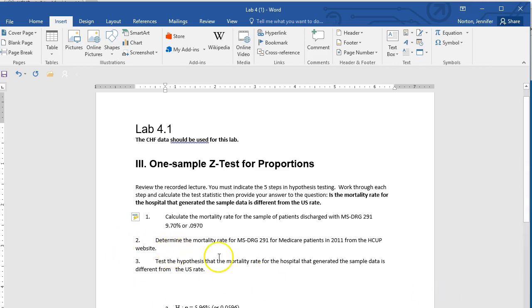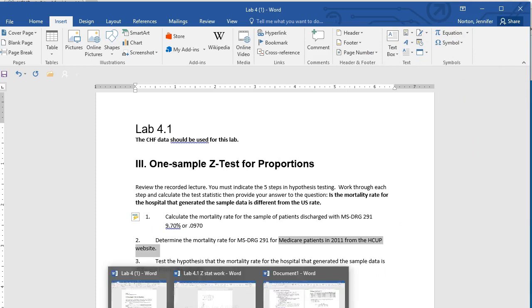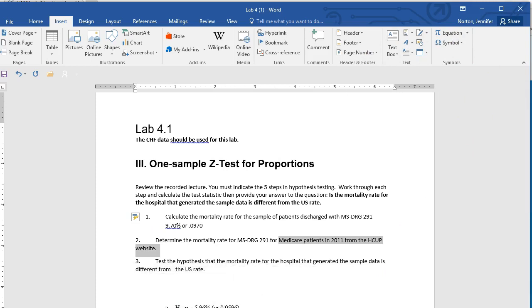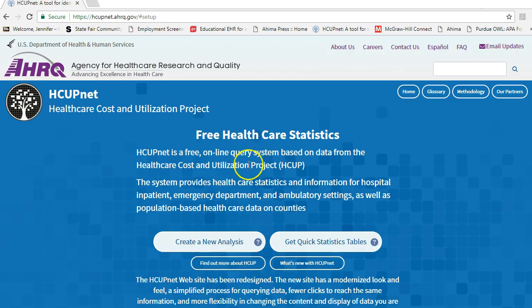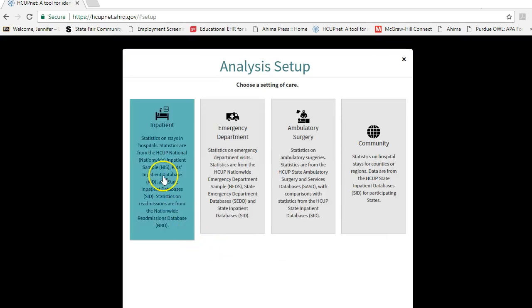So now we're determining the mortality rate for the MS-DRG 291 for Medicare. Remember, we're looking for a specific payer, Medicare patients in 2011 from the HCUP website. So we are going to go to our HCUP website, and we're going to click Create New Analysis.